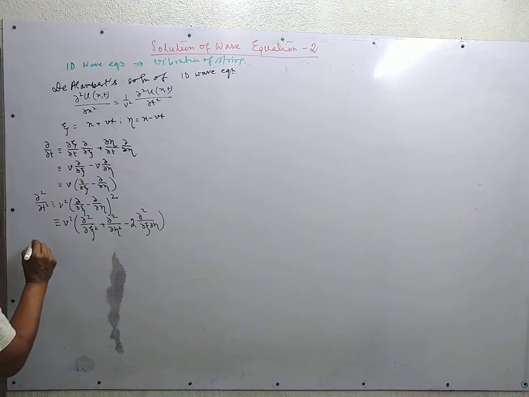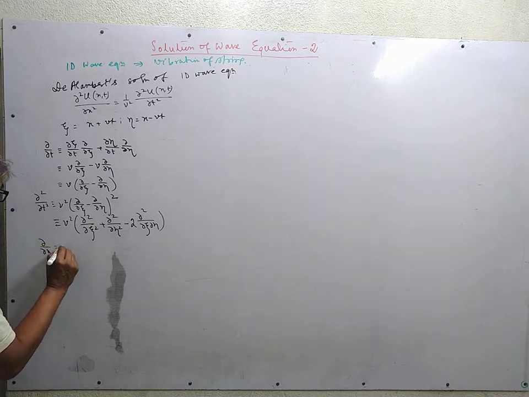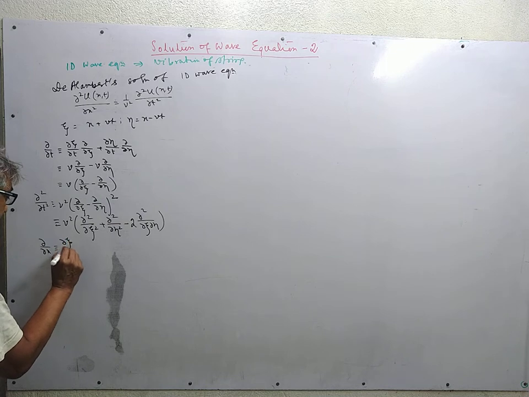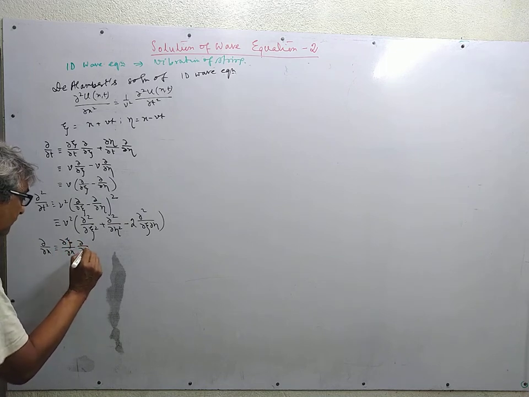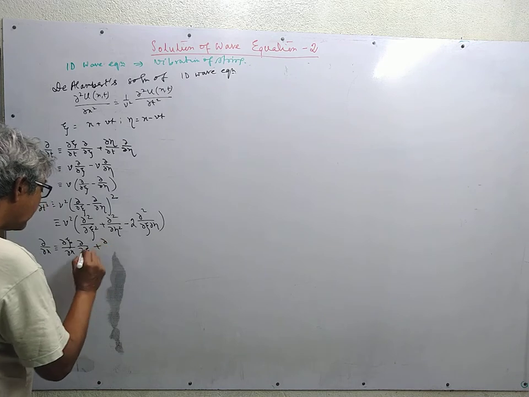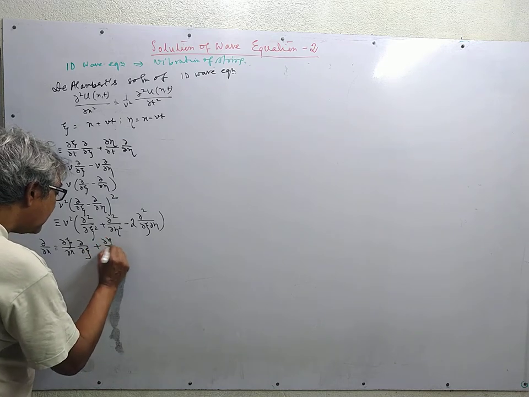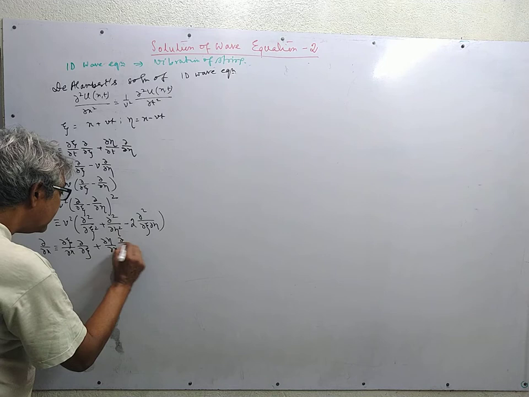And del by del x is del xi by del x del by del xi plus del eta by del x del by del eta.